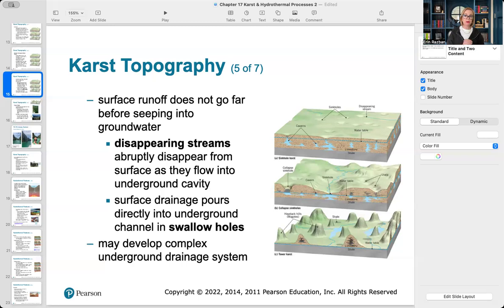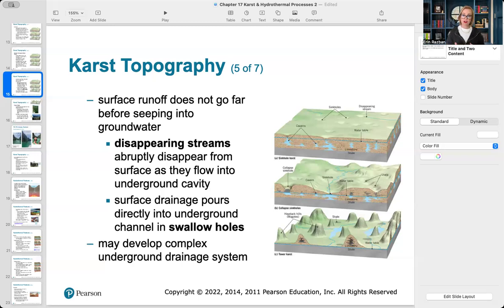Water also completely disappears through what we call swallow holes, okay? These are distinct openings at the bottom of sinkholes that will channel water directly into underground passages. So if you're ever in a landscape and a river or stream just disappears into the ground, this is what is happening and an indication of a swallow hole and future sinkholes.